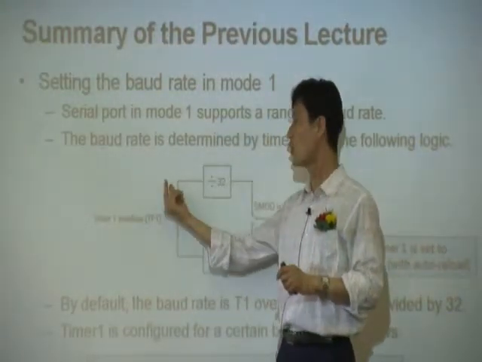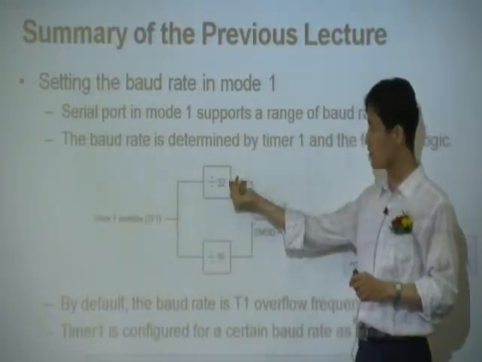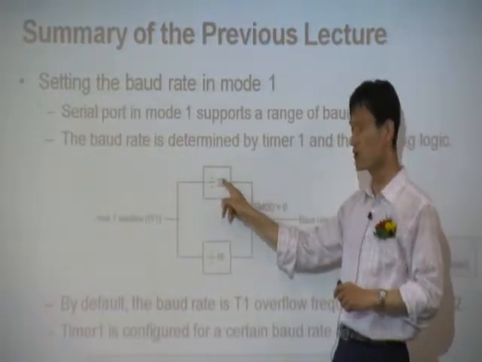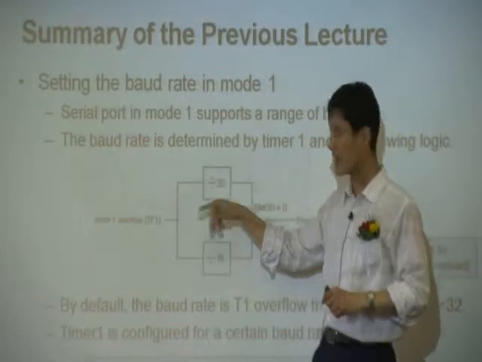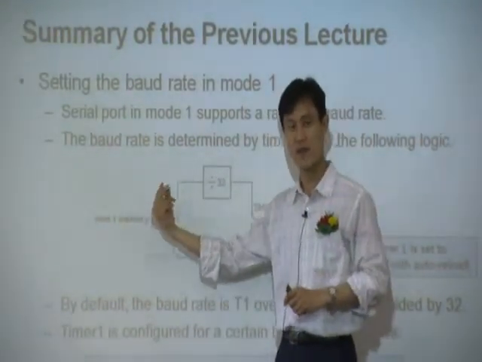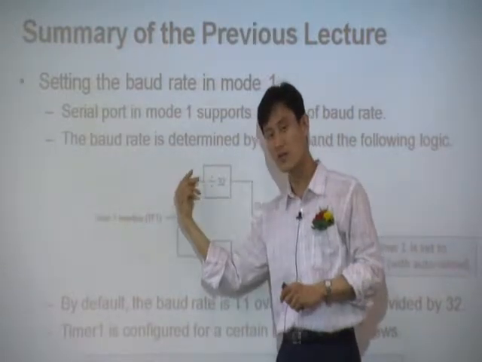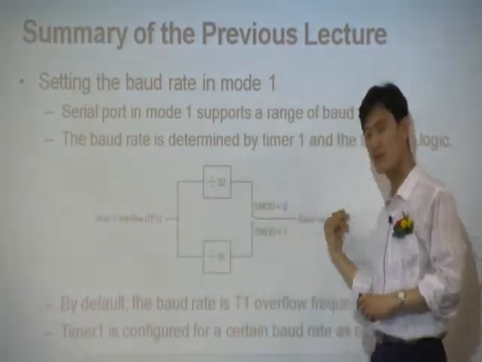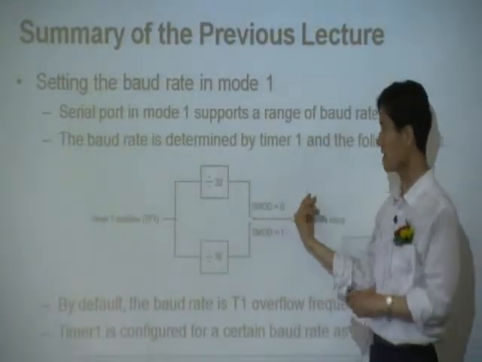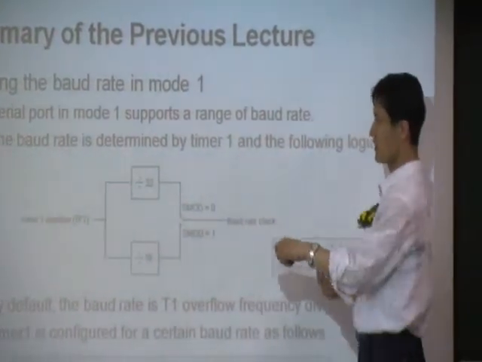When you have 32 overflows, that's the time you have an output. Once you have an output, this counter will be reset. Again, 1 overflow, 2 overflow, nothing happens. And when you have 32 overflows again, you again get some clock out. So that's how things work here.